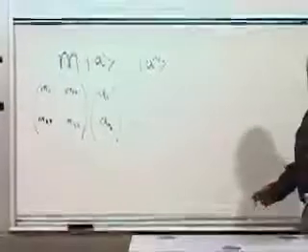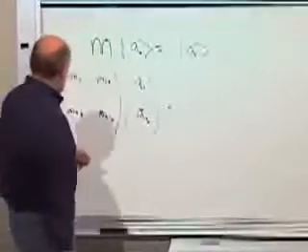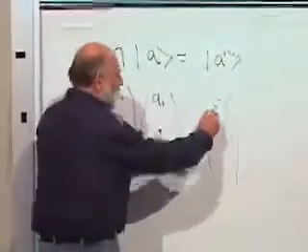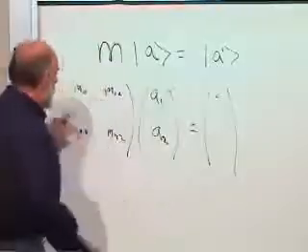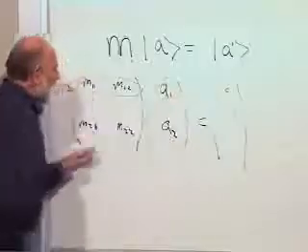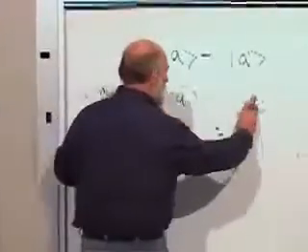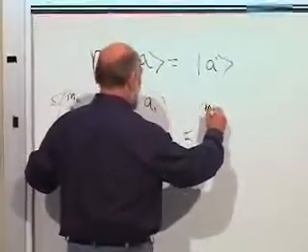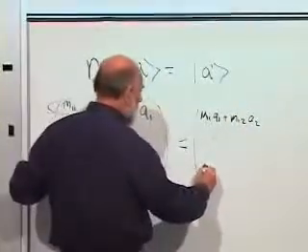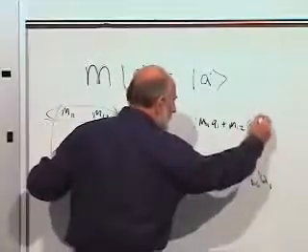And the rule for matrix multiplication, which we discussed last time, for multiplying a matrix by a vector, is just: if you want the top entry, you take the top row and multiply it by the vector. You take the inner product of the top row with the vector, which will be M11 A1 plus M12 A2, and then down here M21 A1 plus M22 A2.